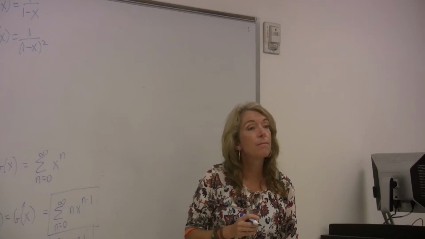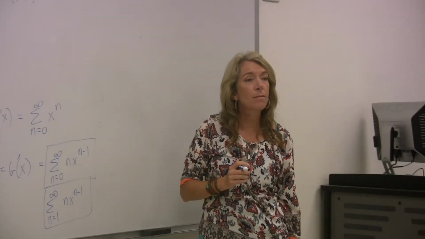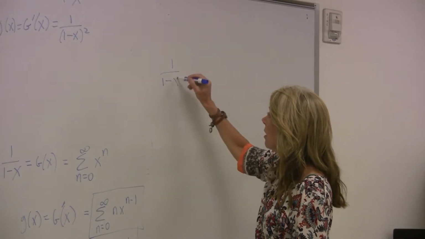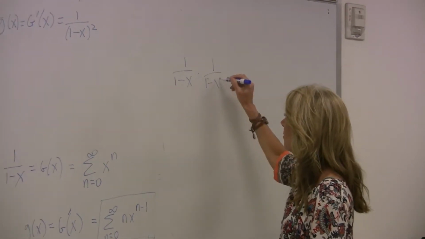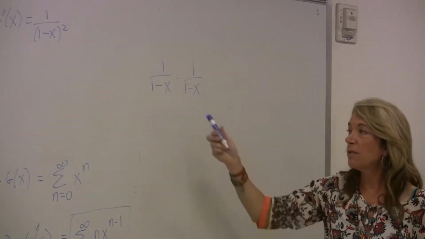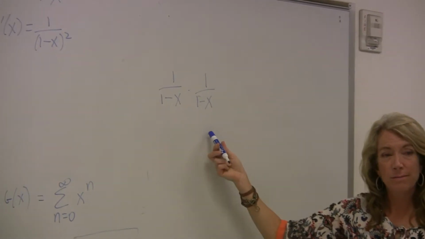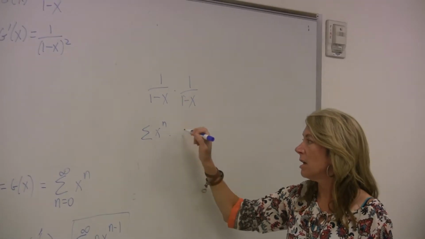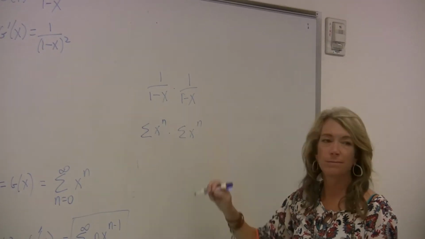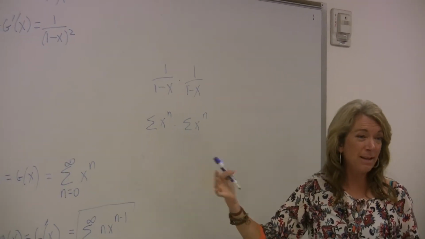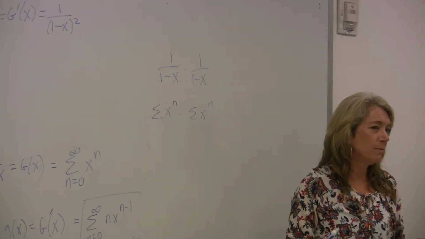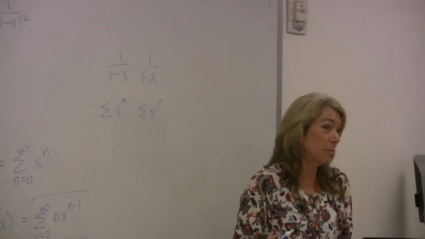Yes, why couldn't you factor out a 1 minus x? I could have written it like this. But these are both power series. So if you tried to write that out, this is this series, and this is this series. And to multiply these back together, you would have to do FOIL with an infinite number of terms, which is virtually impossible to do.